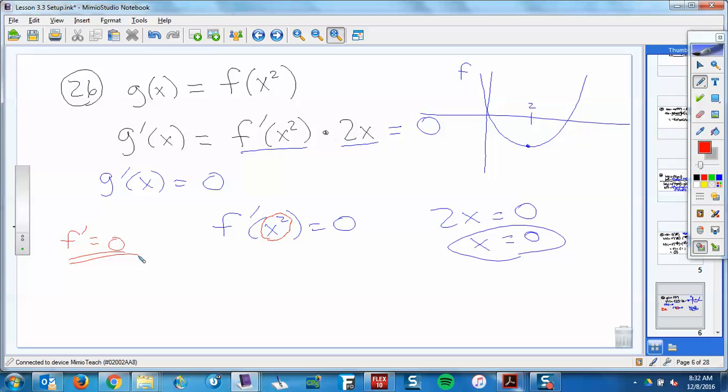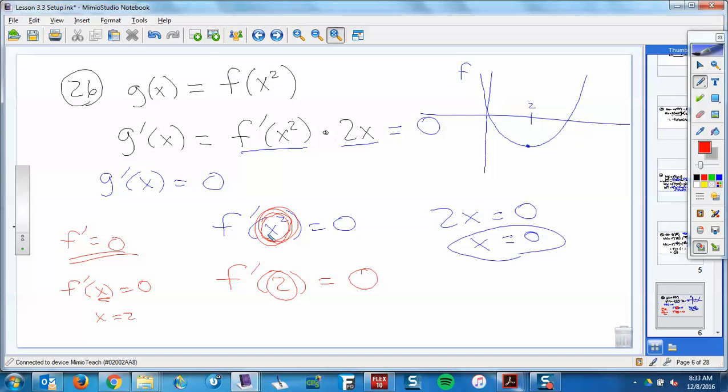What would you say? At 2. What you're normally saying is that f prime is 0 when the input is 2. So by looking at the picture, f prime of 2 is 0. That means the red thing has to be a 2.